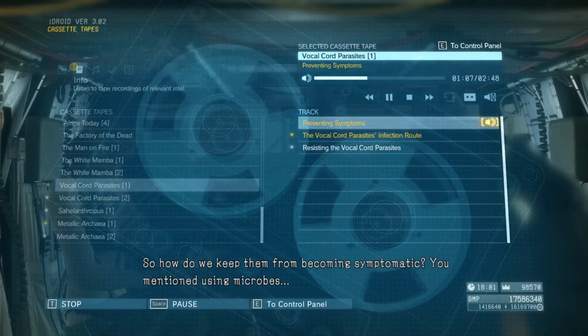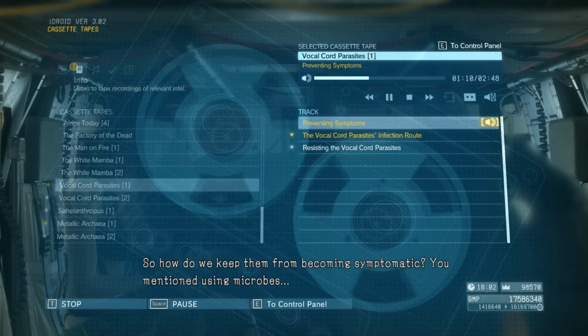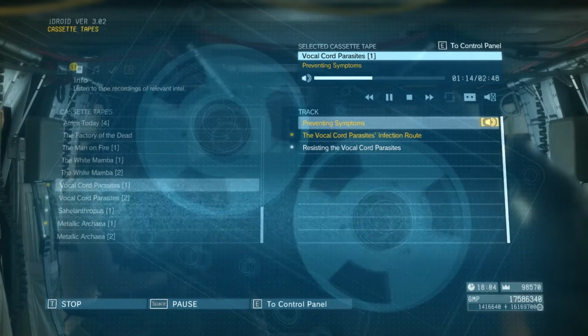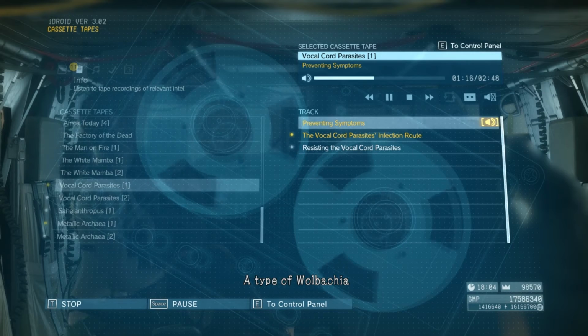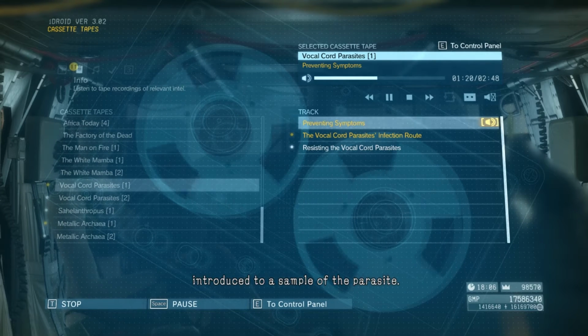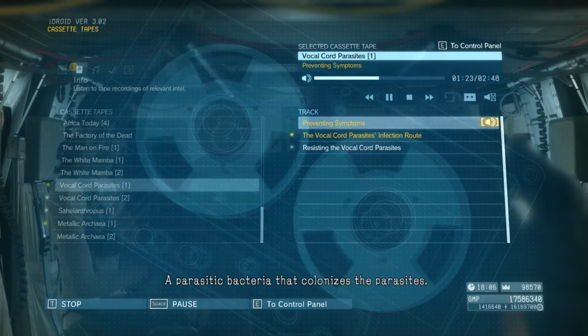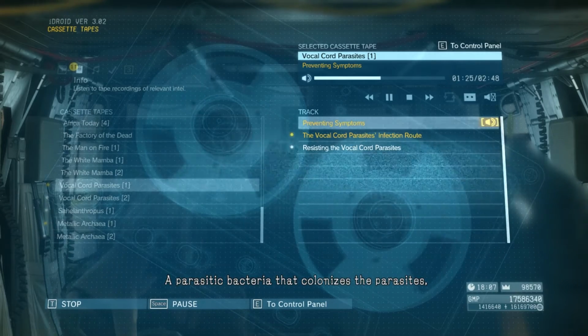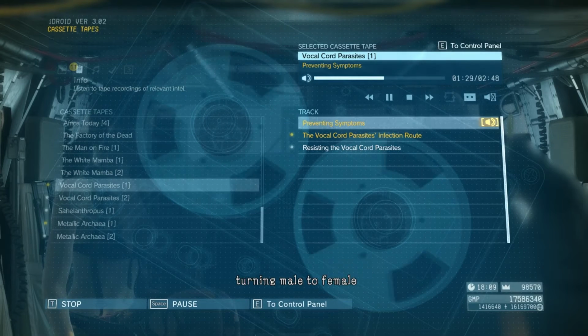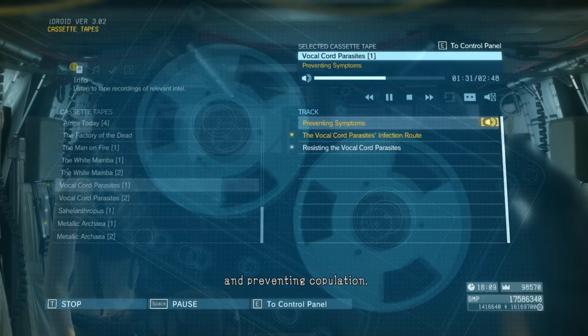So how do we keep them from becoming symptomatic? You mentioned using microbes. Use this. A type of Wolbachia. Introduced to a sample of the parasite. Wolbachia? A parasitic bacteria that colonizes the parasites, turning male to female and preventing copulation.